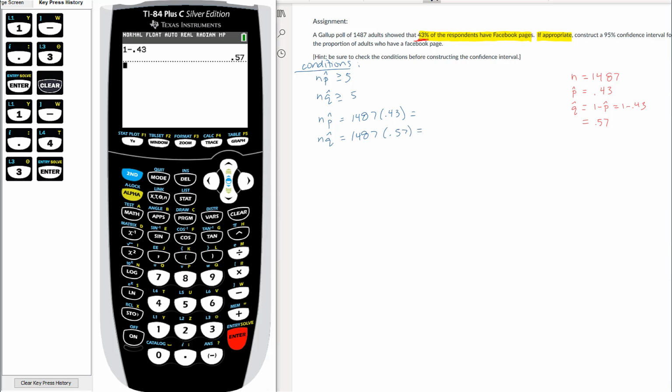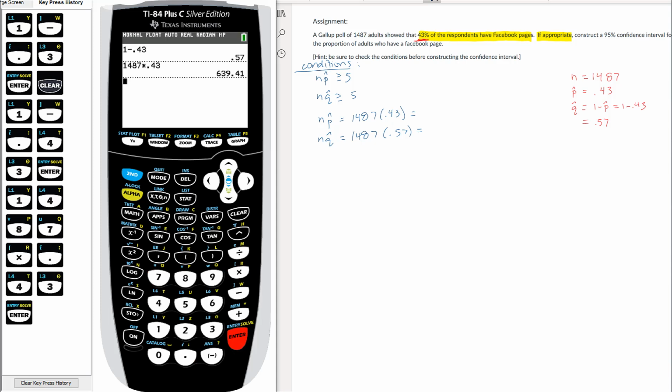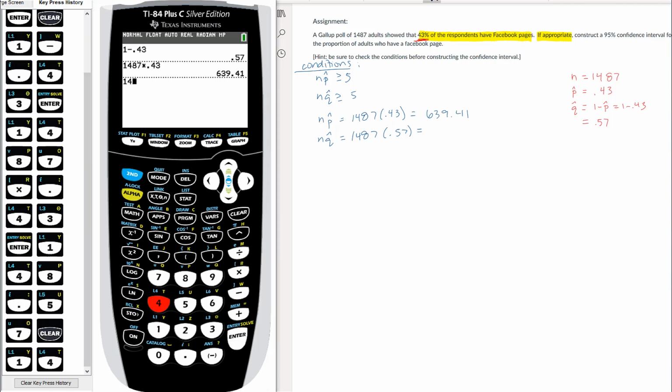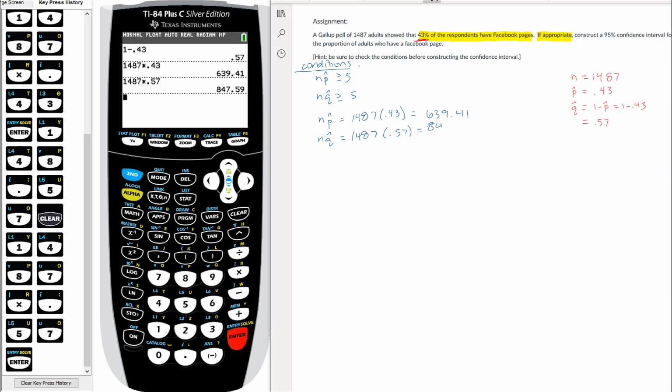So 1487 times 0.43 is equal to 639.41, and 1487 times 0.57 gives us back 847.59. Both n times p hat and n times q hat are bigger than or equal to 5, which means that it meets these two conditions in order for this to be a normal approximation.